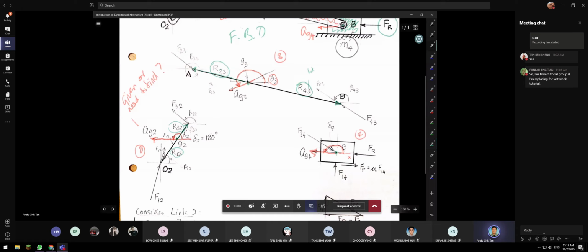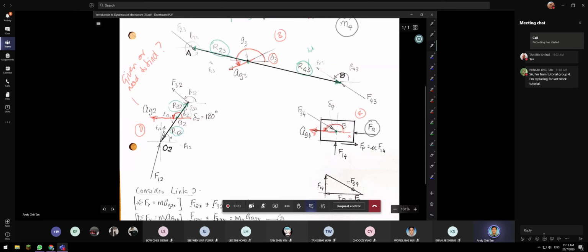Lastly, another important piece of information you need to locate in your free body diagram is the force. We have the firing force of the piston, Fr. Then we have this force to support it, the force of link number 3 on link number 4.